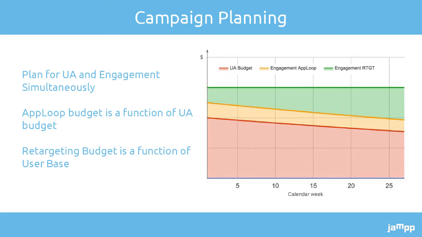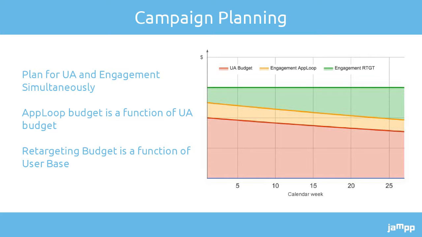The idea behind that is your short-term activation budget, and we sometimes call that the app loop budget. That's a budget which is a function of your user acquisition budget. If you're paying a lot of money to acquire new users, you need to reserve a fraction of that budget to actually engage them short-term. That's what we call the app loop budget, and it's here the yellow line.